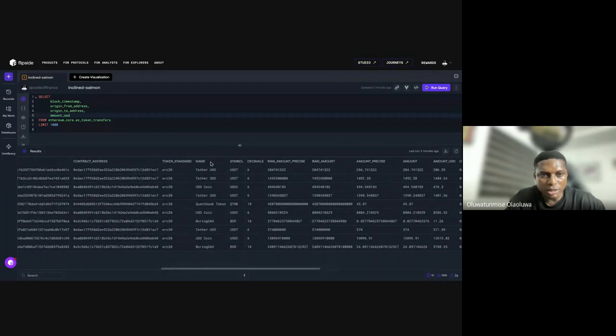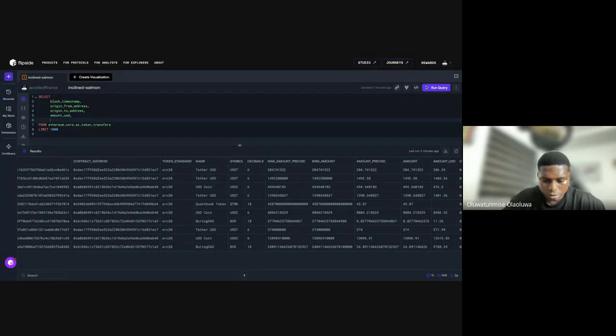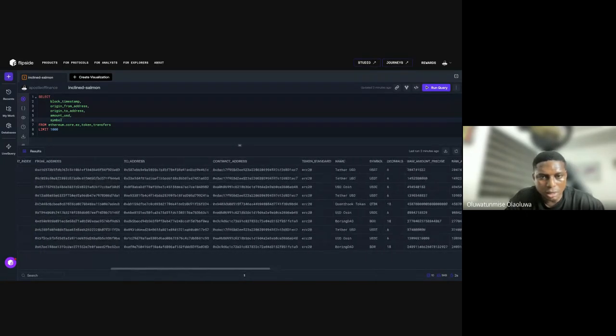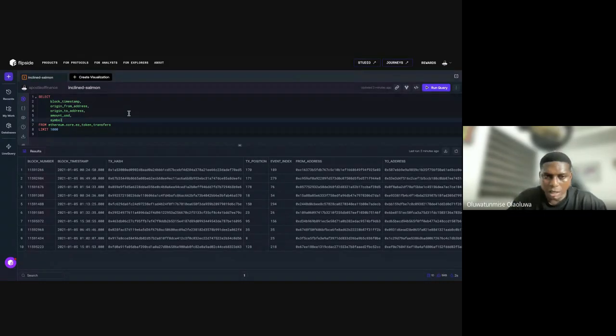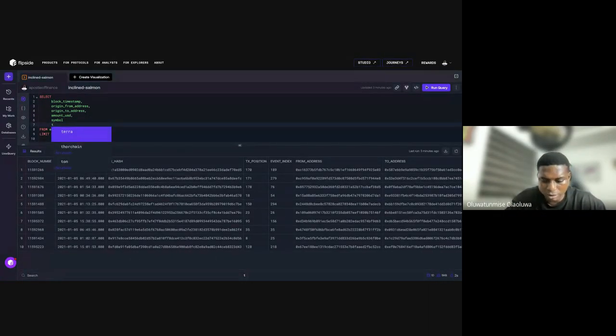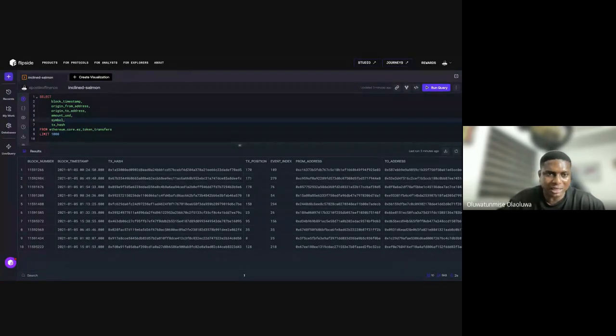Yeah, what else do we need? I need symbol. What else do I need? Let me say I need transaction hash. I might just use it so I can show us one or two things. We might not build a dashboard, but I would show us to the chart level.